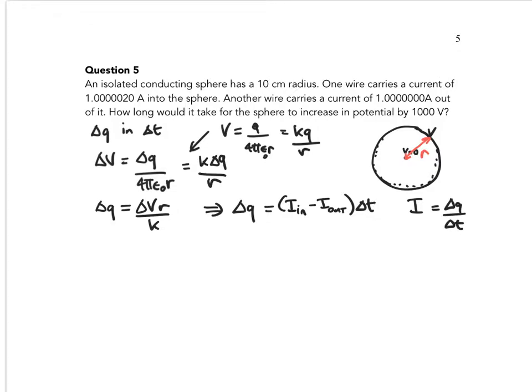It's the net flow of charge. So we can say this, we make those things equal.